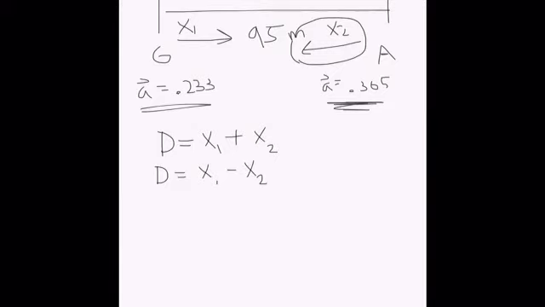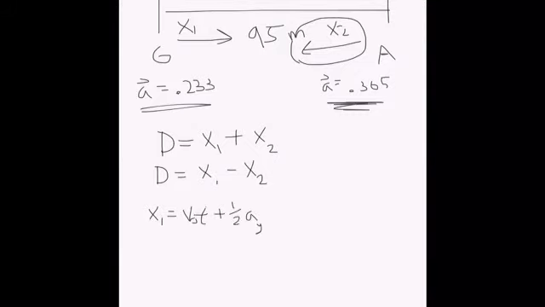All right? So now, what do we know? Let's move on. Well, we know, based on our kinematics equations, that x1 is going to equal v naught t plus 1/2 George's acceleration t squared, and we're going to cancel the first term because they're starting at rest.